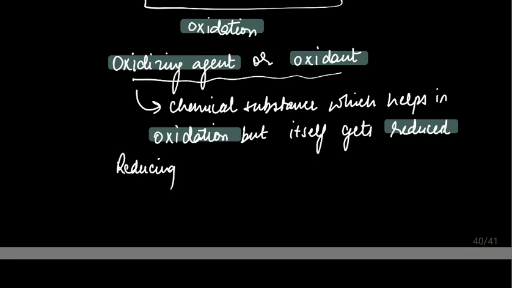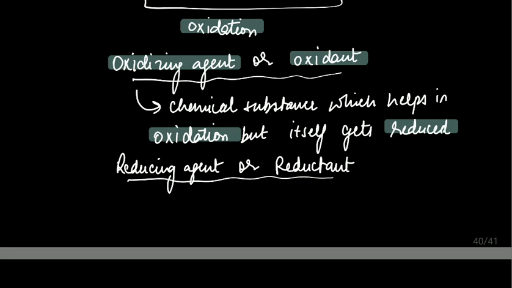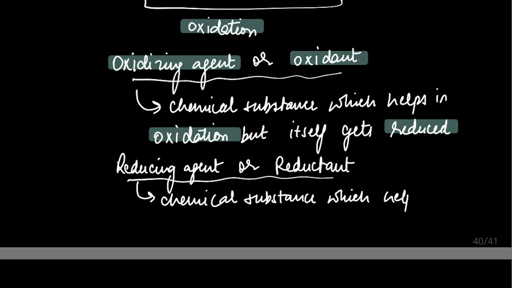Similarly, we have a reducing agent or reductant. So you can write this definition on your own. It's going to be very much opposite of what I've written in the first statement. So a reducing agent is a chemical substance which helps in reduction because it's a reducing agent.